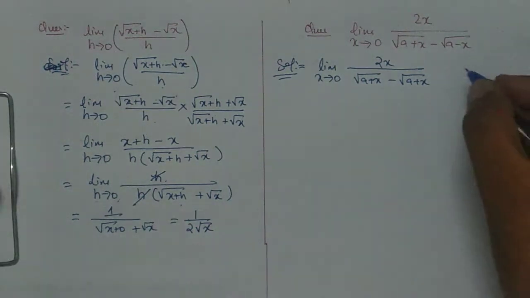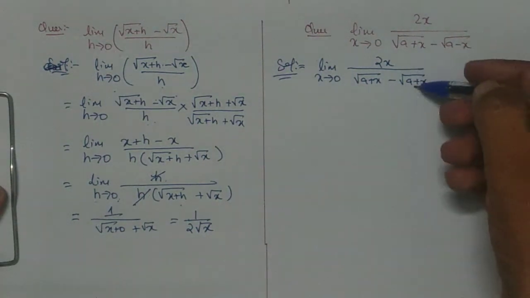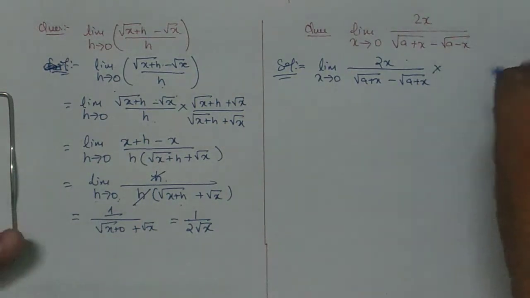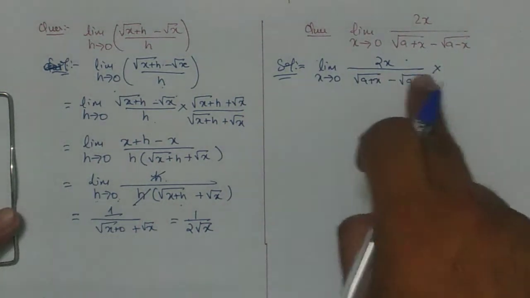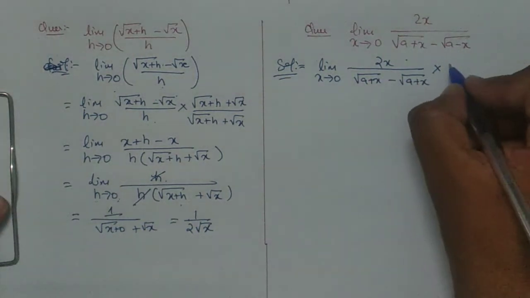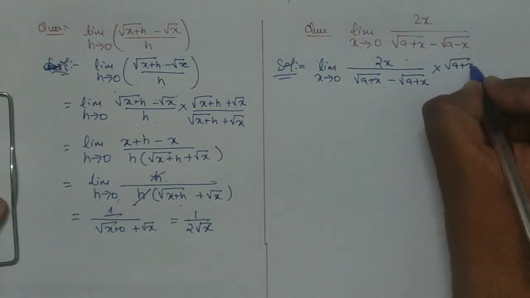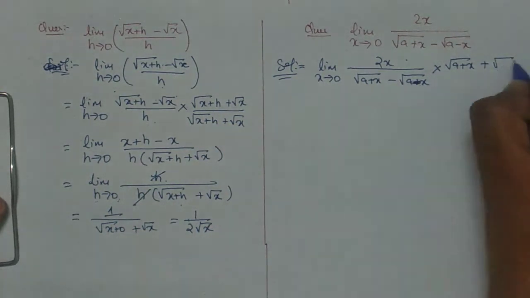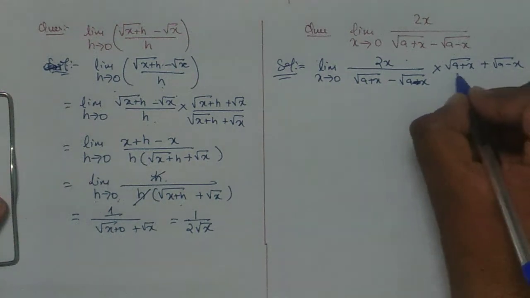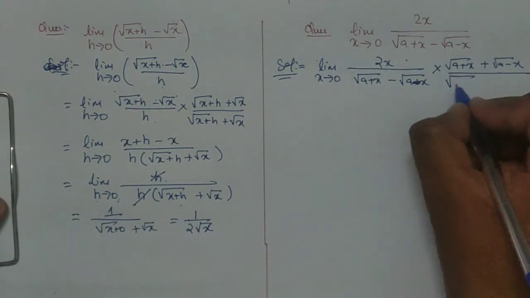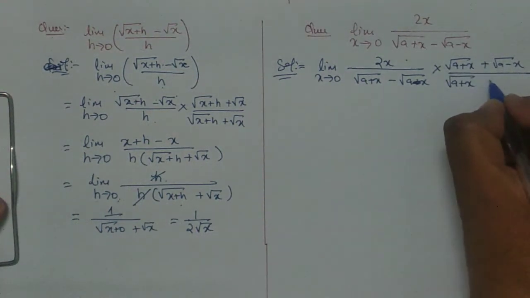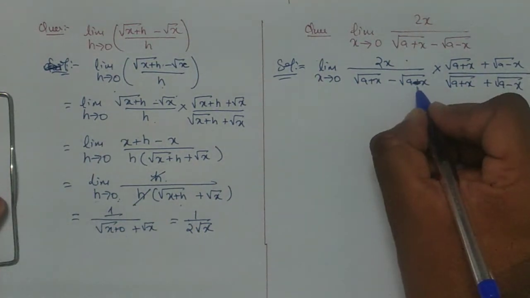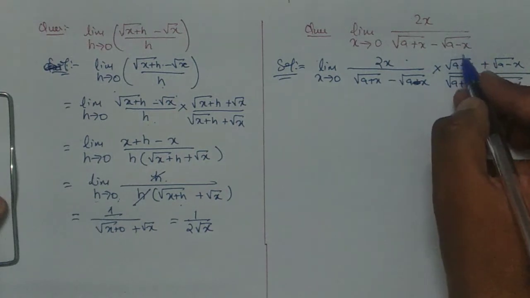So in this case, to simplify this function, I will multiply numerator and denominator of this function, both of them, by the conjugate of the denominator, that is root a plus x plus root a minus x. Okay, this was a minus x, as you can see here in the question.